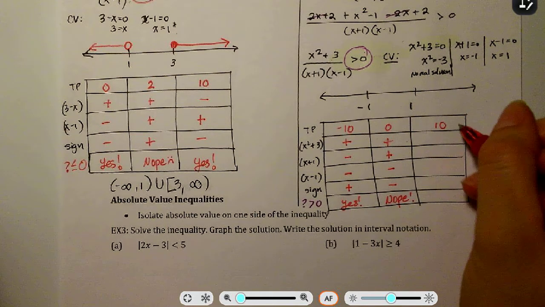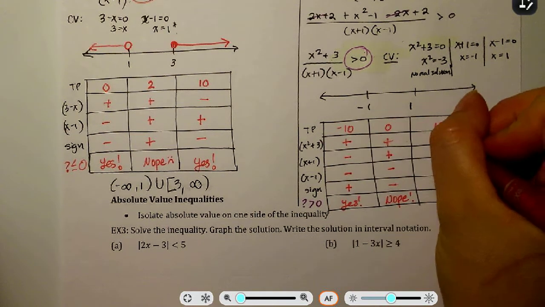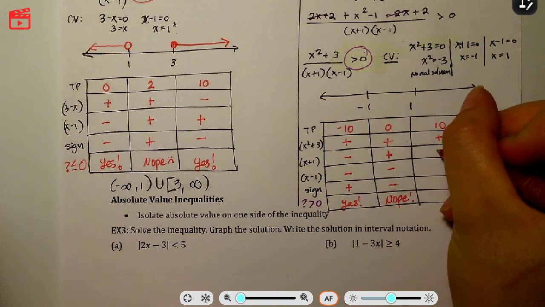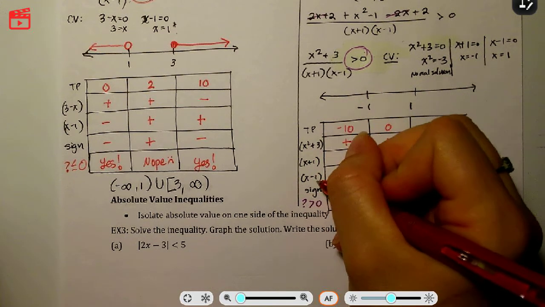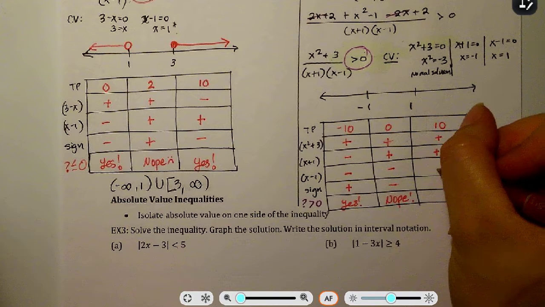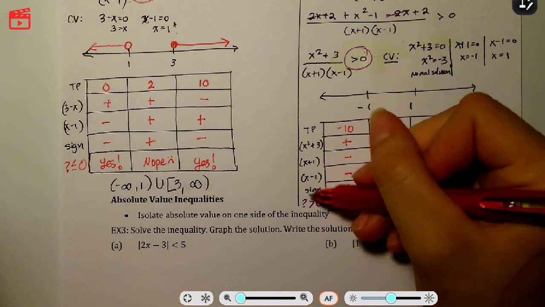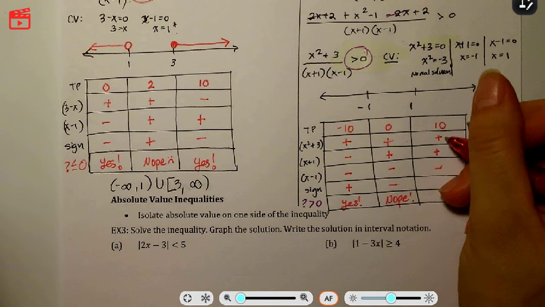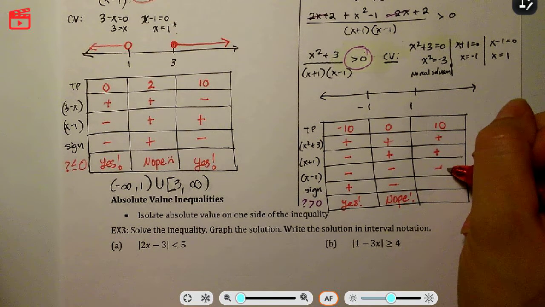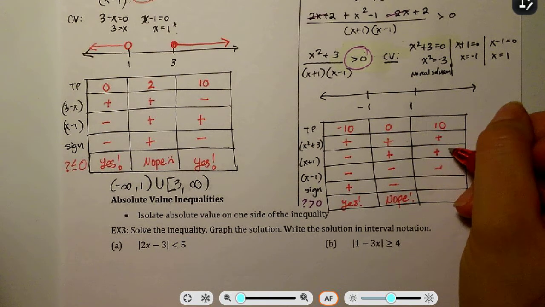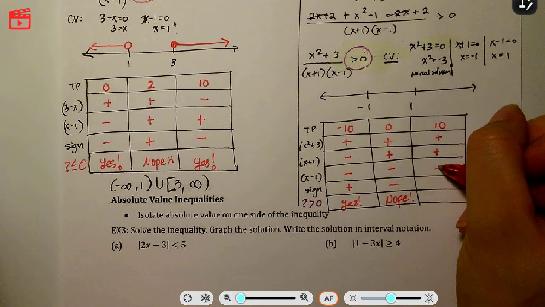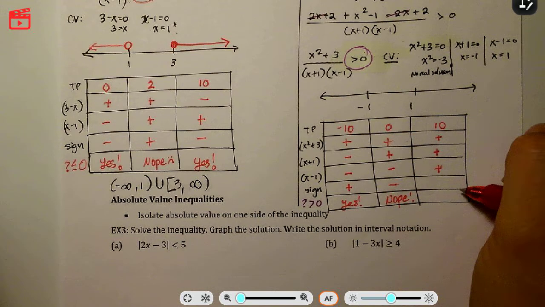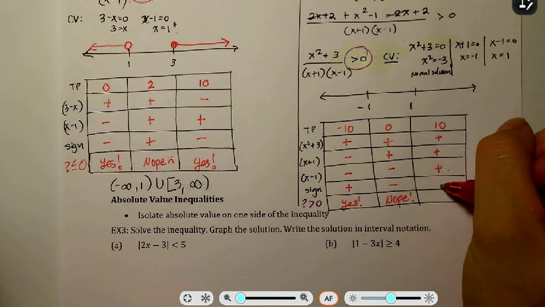And last one. 10 squared plus 3, positive. 10 plus 1, positive. 10 minus 1, positive. If you want to write all these little mini calculations out on the side, you can. If you can do them in your head, also okay. Multiplying it all together, I get a positive.